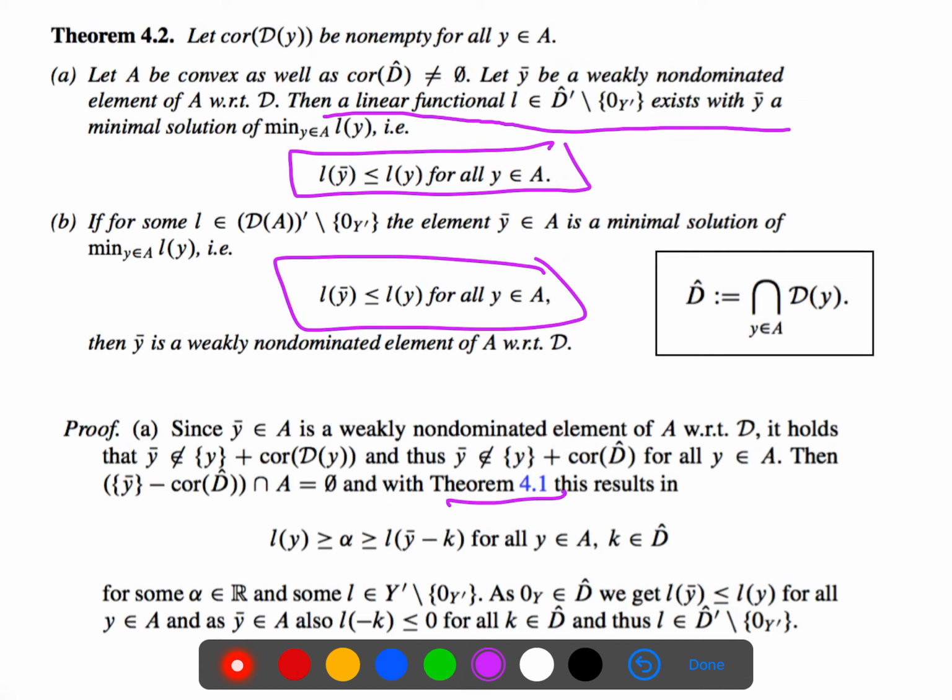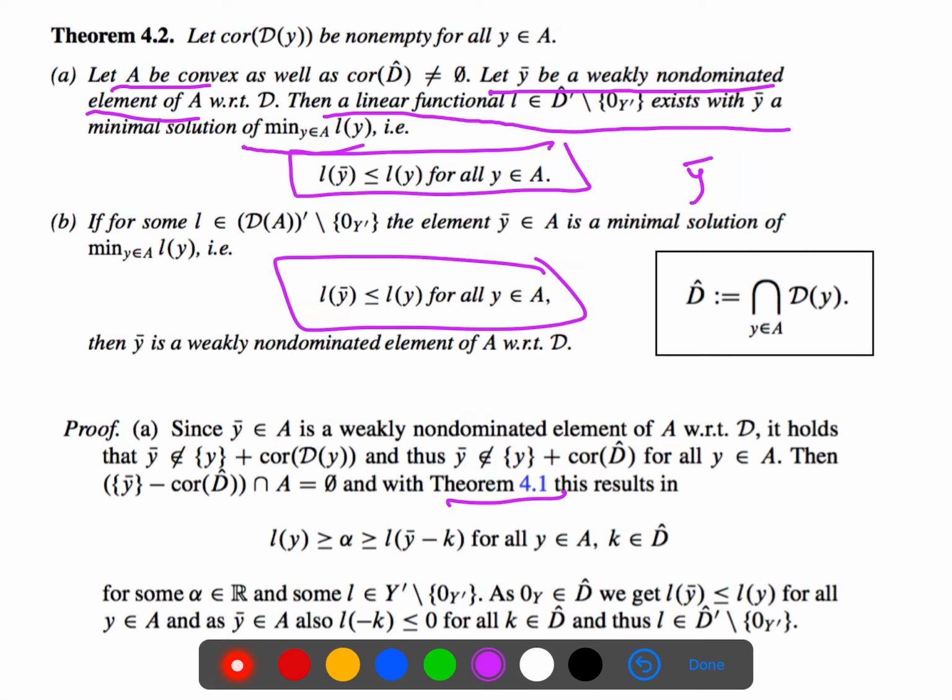Then we use this theorem to say that if A is convex and y bar is a weakly non-dominated element of A, then a linear functional exists such that L of y bar is lower than L of y. So the functional evaluated at y bar, a weakly non-dominated element, is less than that functional at any other place.